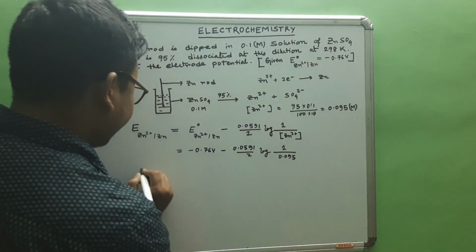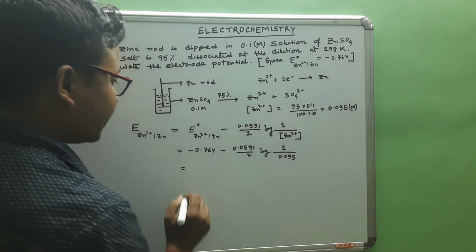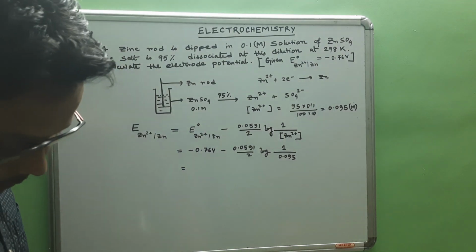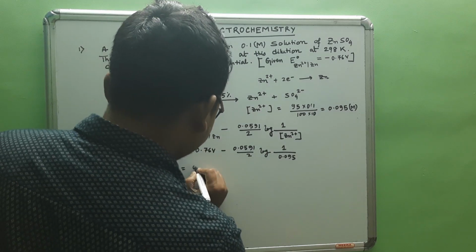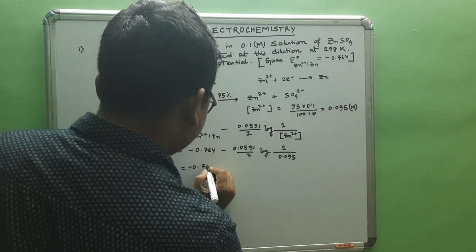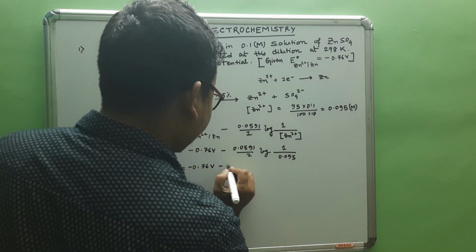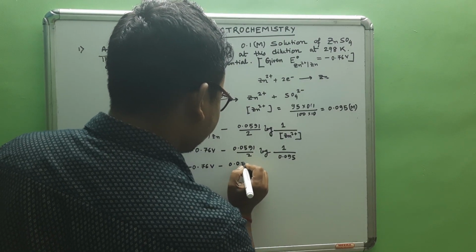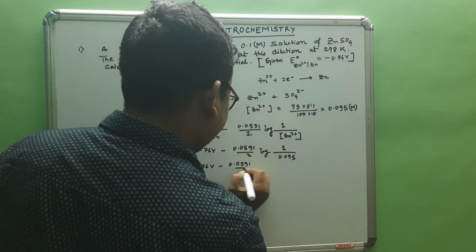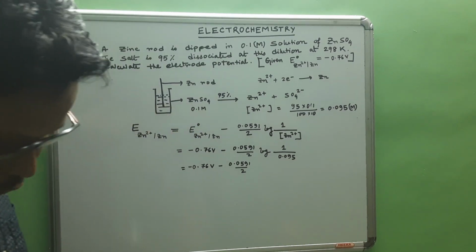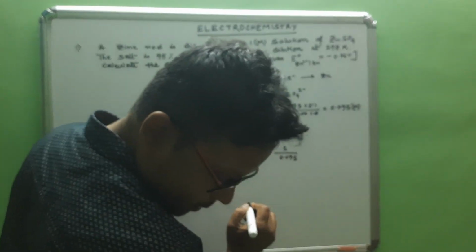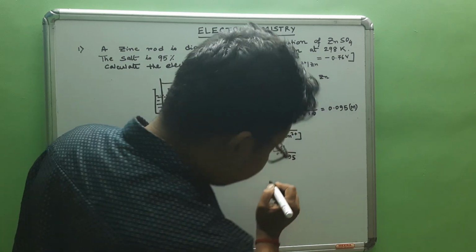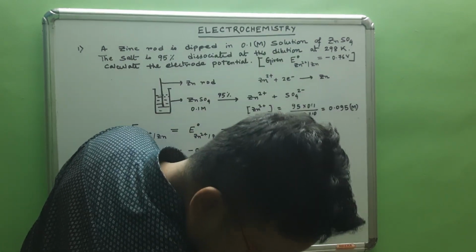So after the computation, what value does it give? 0.76 volt minus 0.0591 by 2, and this portion gives the value of 1.0223.